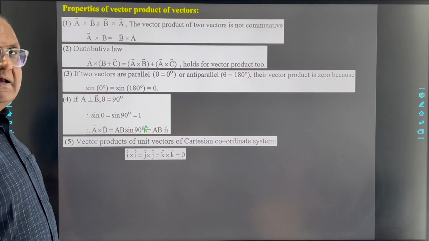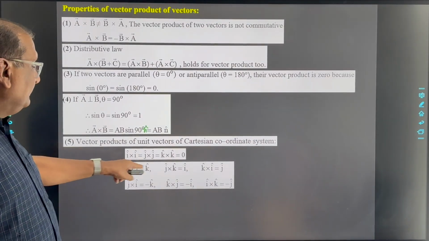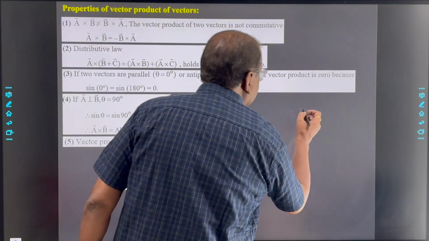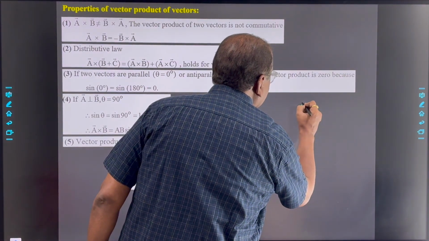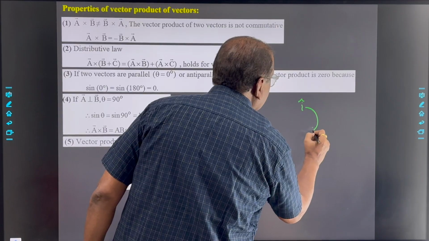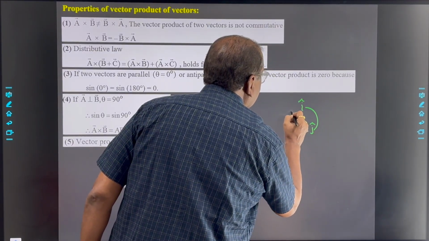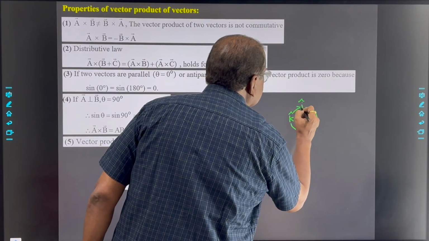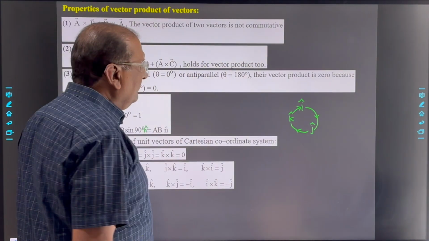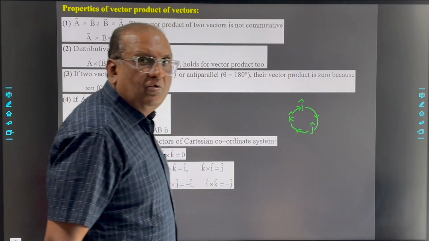But suppose we take i caret cross j caret. Suppose we consider a clockwise circle like this, okay? Then remember, i caret cross j caret is equal to k caret.